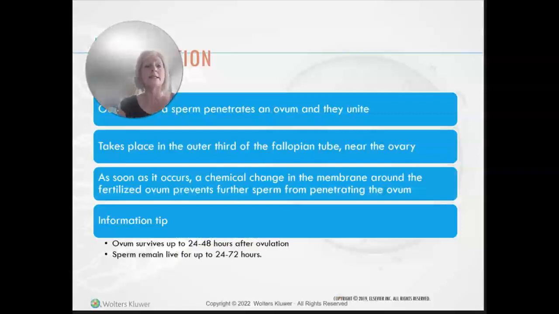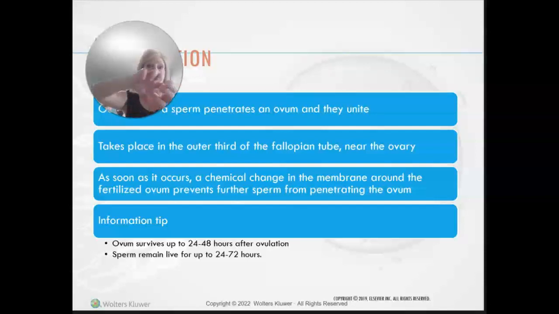Usually when that happens, it's going to take place in that outer section of the fallopian tube. So the ovary over here releases the egg, it goes into the fallopian tubes, and on that outer third of the fallopian tubes, kind of near that ovary, is where that fertilization is going to take place.